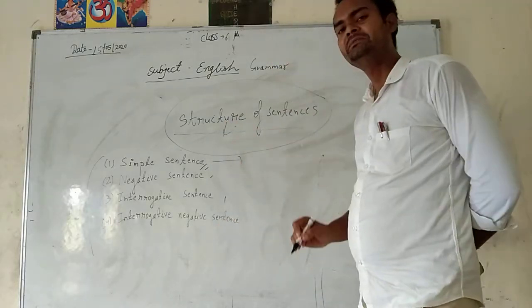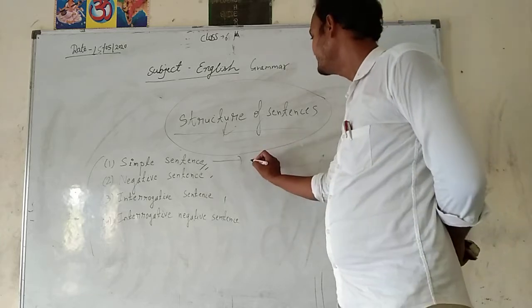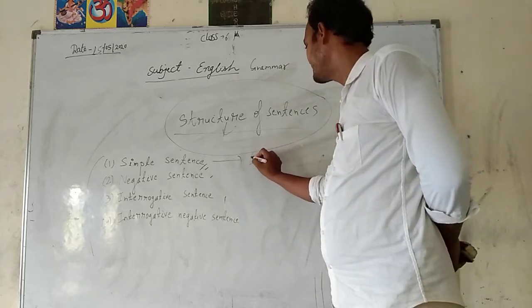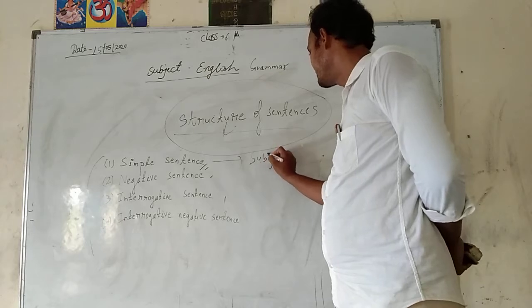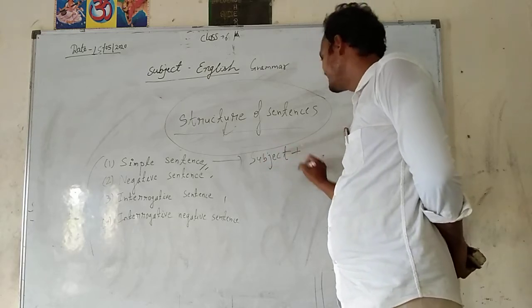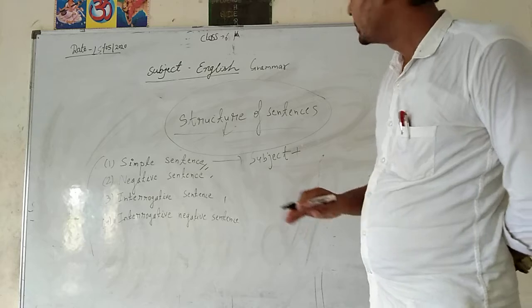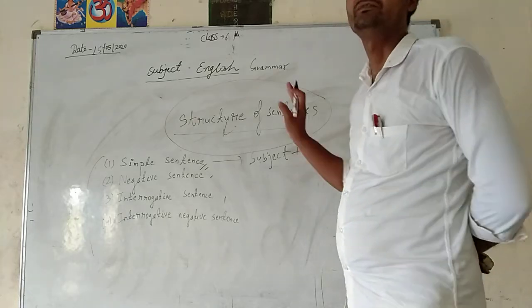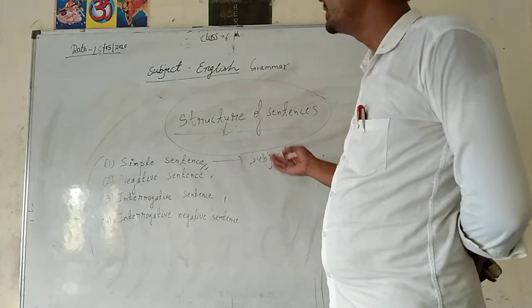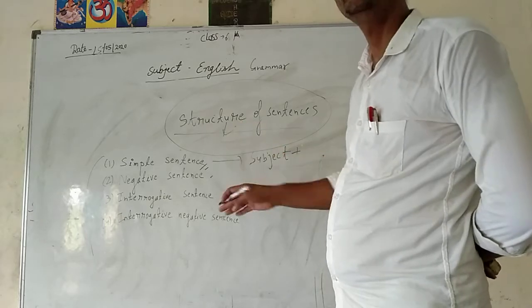Okay, if we see a simple sentence, in that first we have to write the subject. This structure formula can be applicable on recognition of sentences, that which sentence is simple or which sentence is negative, interrogative, or interrogative negative.